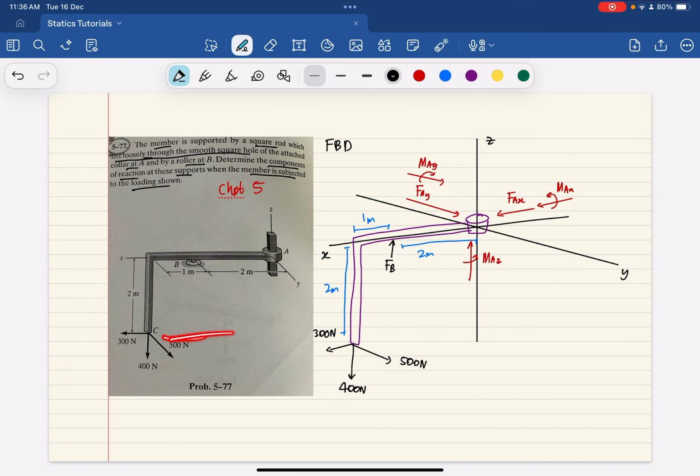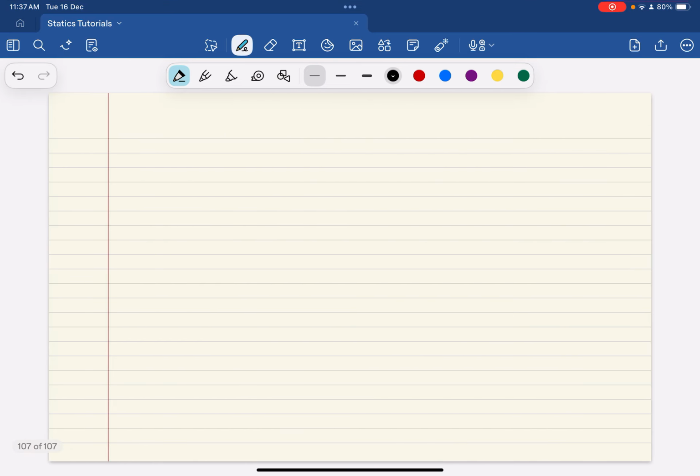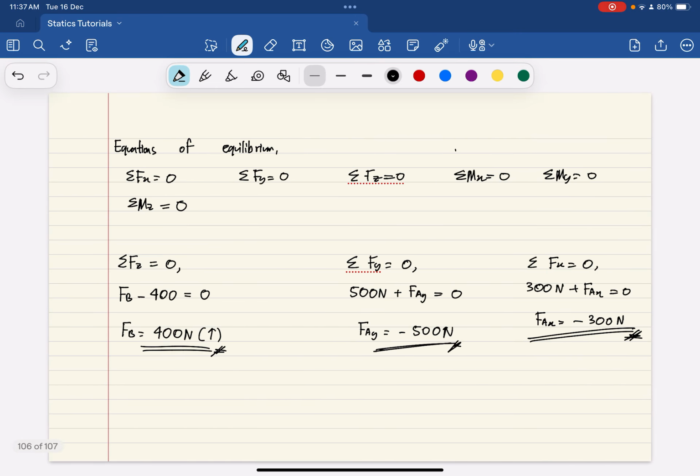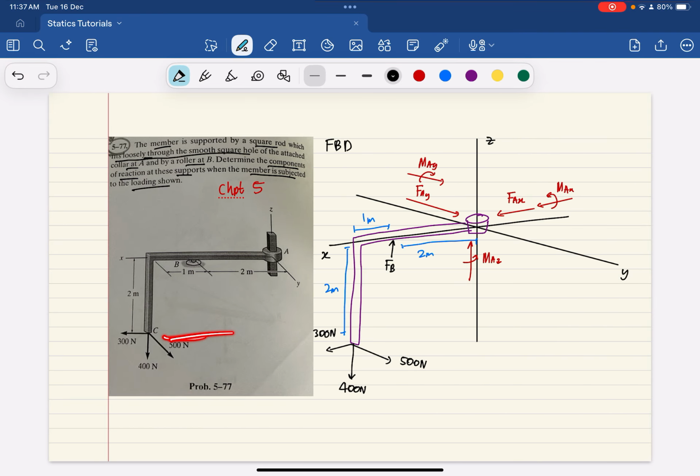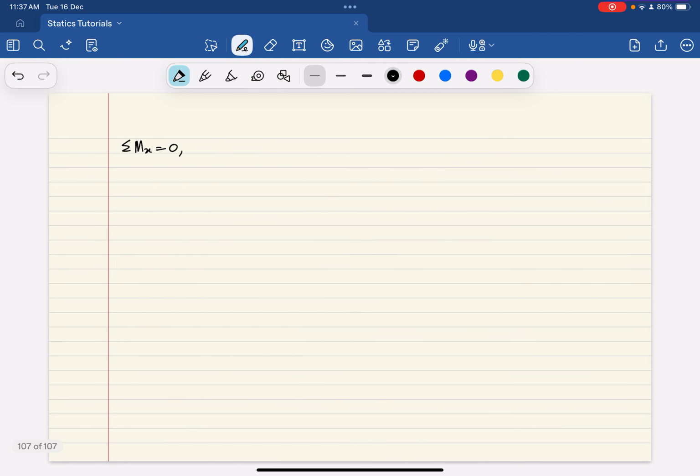Okay, so let's start with Mx. The summation of Mx is equal to 0 for equilibrium. This is where I want you to utilize your right hand rule. Remember in class I mentioned the circle I, J, K for the cross product: I cross J gives K, K cross I gives J, and J cross K gives I. Remember that the moment vector is always the cross product R cross F, the cross product of 2 vectors.